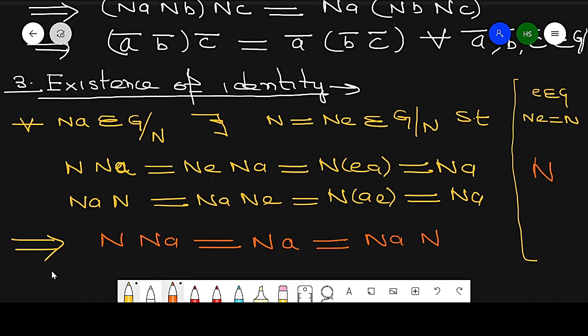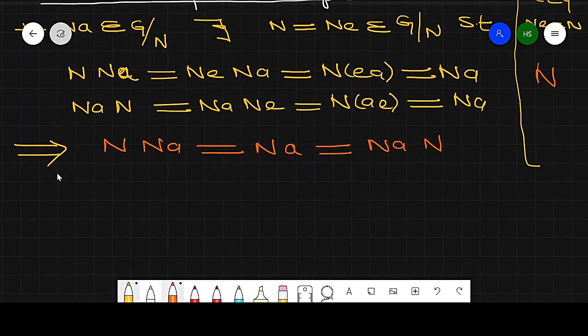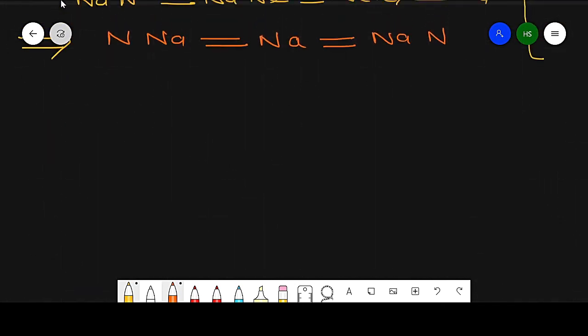Now after that, the fourth property, which is the existence of inverse. So what is the existence of inverse?